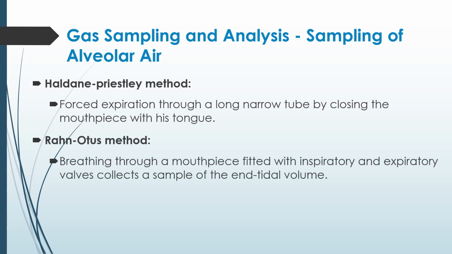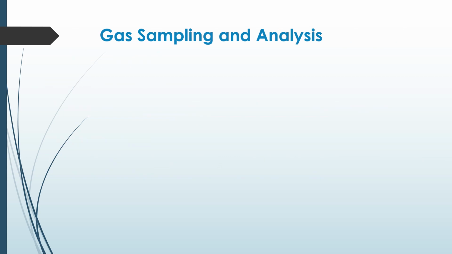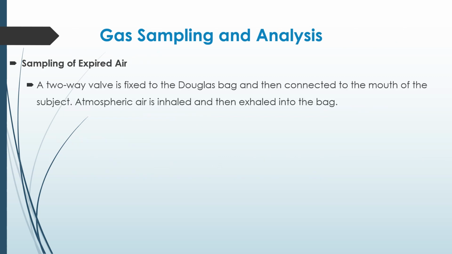Another method is the Van Slyke method. Breathing through a mouthpiece fitted with inspiratory and expiratory valves collects a sample of the end tidal volume. Then the samples are passed into the gas analysis. For sampling of expired air, a two-way valve is fixed to the Douglas bag and then connected to the mouth of the subject.